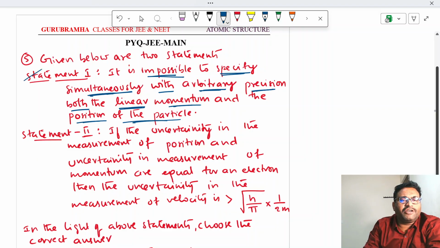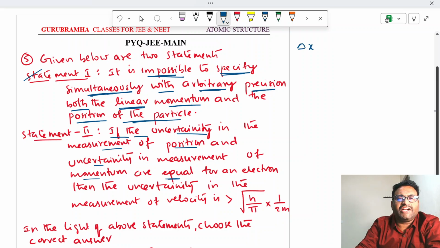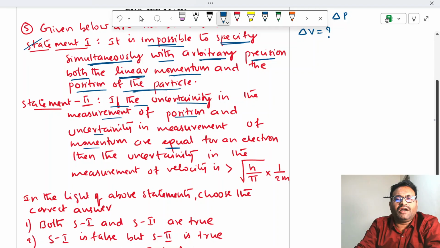So let us come to statement 2. If the uncertainty in the measurement of position and uncertainty in measurement of momentum are equal, he says delta x is equal to delta p for an electron, then what is delta v, the uncertainty in the measurement of velocity? We know the formula, delta x into delta p greater than or equal to h by 4 pi.